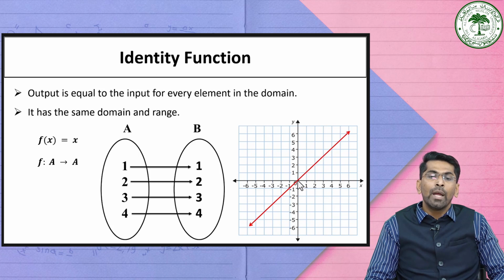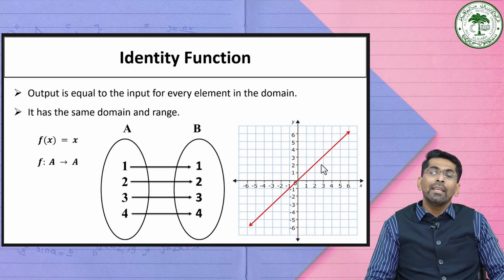Because at this point it is 0, 0. At this point it is 1, 1, that is the value of x is equal to 1, the value of y is equal to 1. At this point the value of x is 2, the value of y is 2. So it will look like a straight line that passes through the origin. Its slope is considered to be 1.